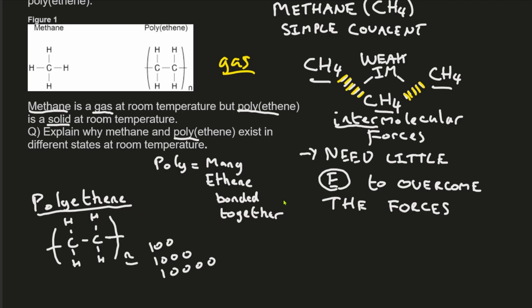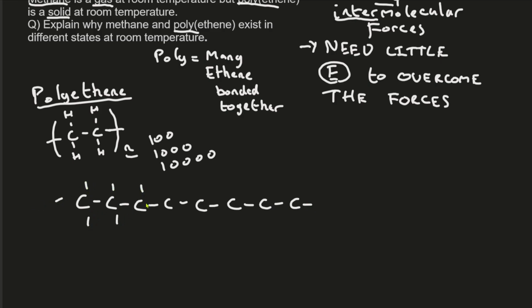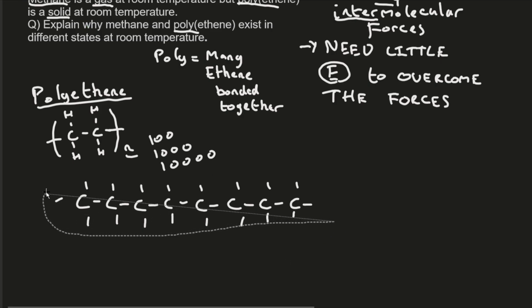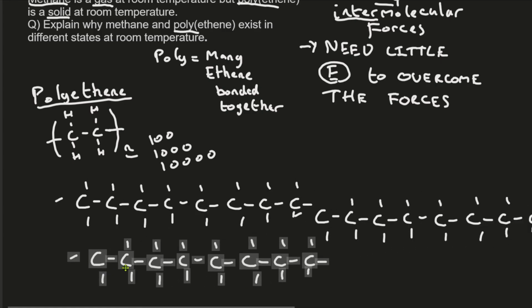It's really important that if you understand that, then you can answer the question if it was regarding polyethene. What you would say in this situation is that there are lots of intermolecular forces, because this is not just one molecule; it's basically chains and chains and chains. I'm just going to draw not an exhaustive amount, but just to show you what I mean. You'd have lots and lots of these polymer molecules, and if I quickly copy and paste this, let's put this down over here as well.